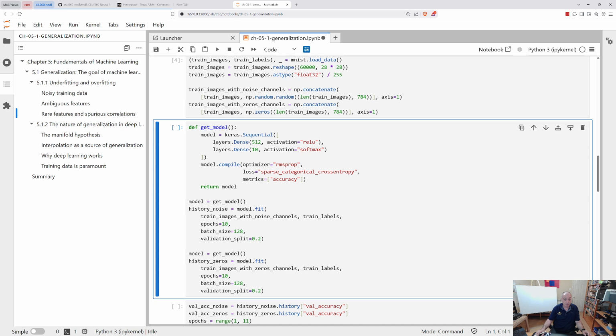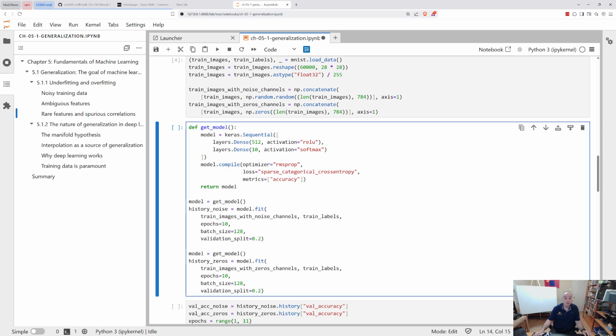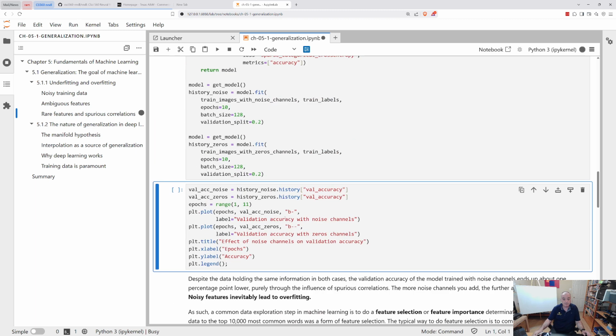We're going to do two training fits on this exact same model with 512 units in the dense layer. We'll see how the accuracy is affected by having half of it as noise in one case, and in the other case where we just appended a bunch of zeros, so there's not a lot of spurious correlation. So let's go ahead and train this.